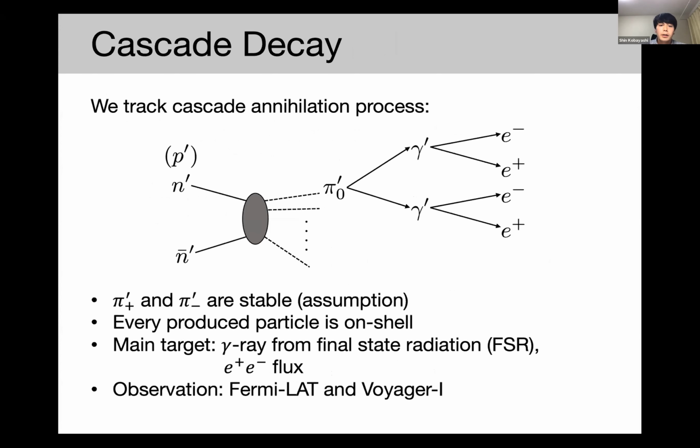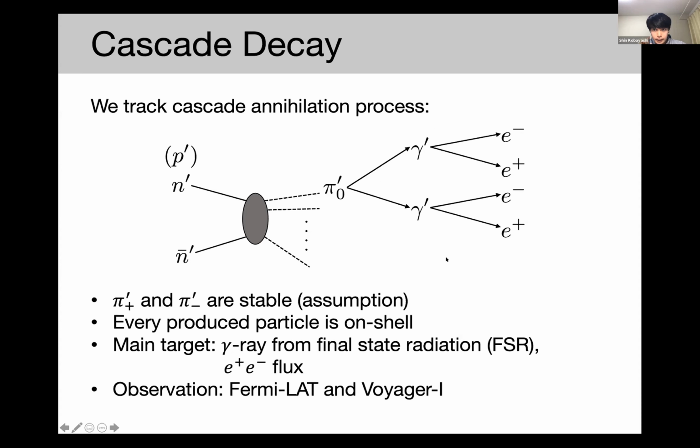So with this Majorana mass, we can calculate the late time annihilation signal. The main target of our analysis is the annihilation of the dark nucleons and the anti-dark neutrons. These annihilate into dark pions, and the neutral dark pion can decay into a pair of dark photons, and the dark photon finally decays into standard model electron and positron pairs.